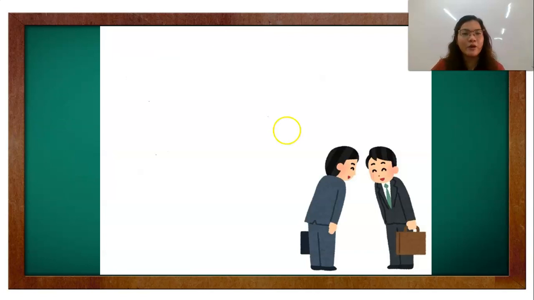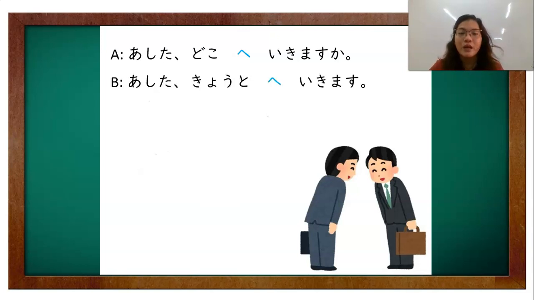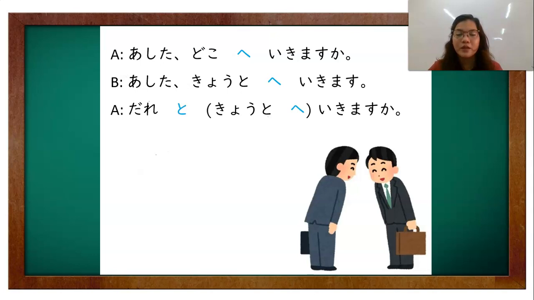For example, ashita doko e ikimasu ka? Saan ka pupunta bukas? Ashita Kyoto e ikimasu. I will go to Kyoto. Dare to Kyoto e ikimasu ka? Or you can also say dare to ikimasu ka? Who are you with?